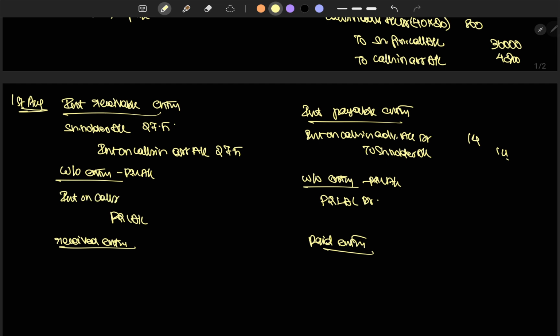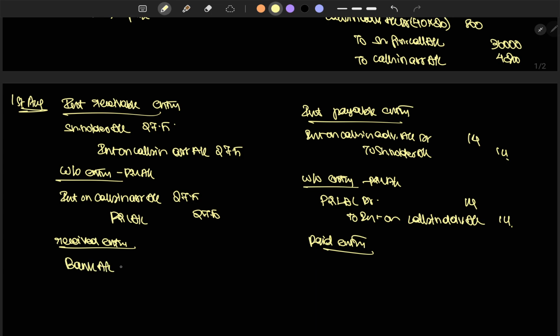Interest on calls in arrears account, which is 27.5, we have written off to P&L account. Two, interest on calls in advance account, which is 14 rupees, right? So if you have received, then what could be the entry?